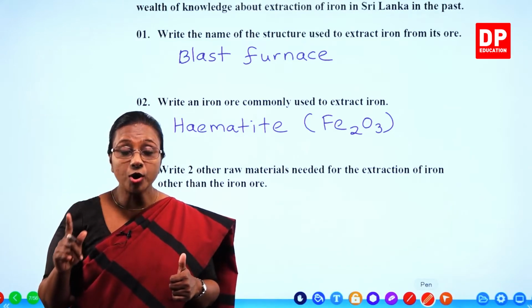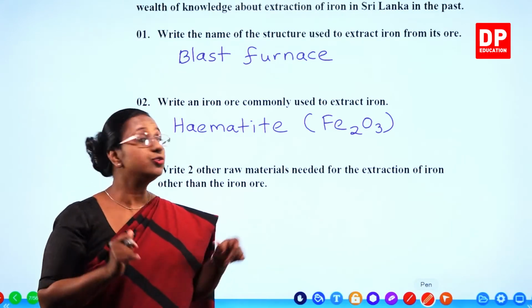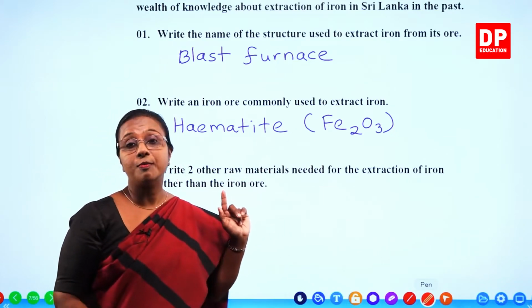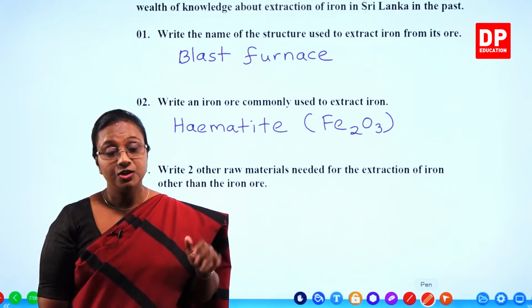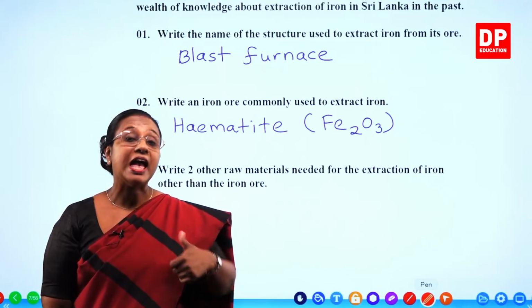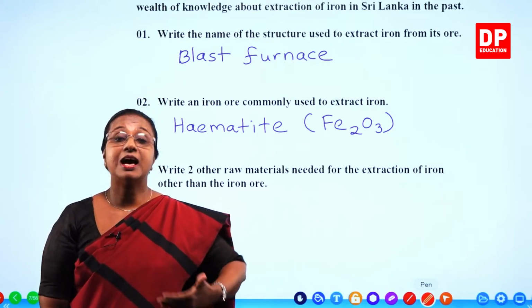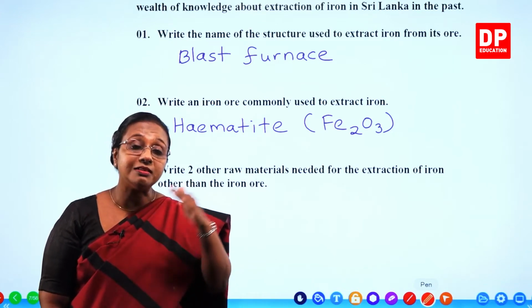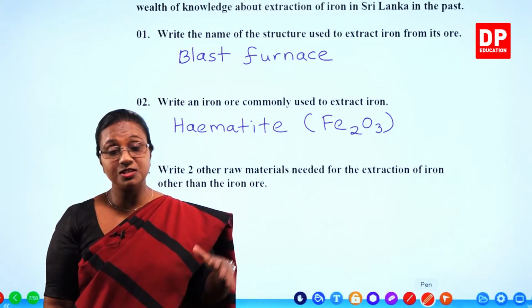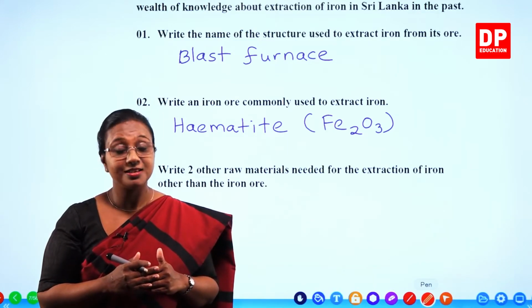This carbon monoxide is the reducing agent used to extract iron from its ore, or it reduces iron from hematite. So that is why we use coke. The other advantage is that when coke burns, a large amount of heat is released, which helps to increase the temperature of the blast furnace to between 1000 and 1900 degrees Celsius.